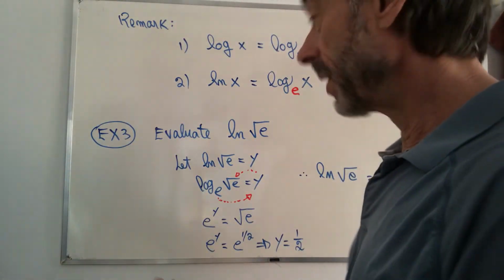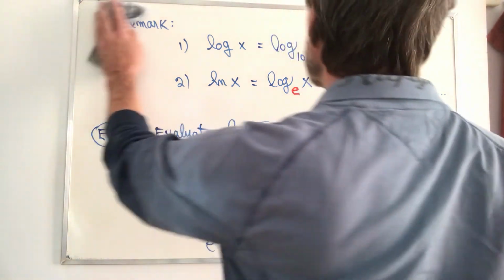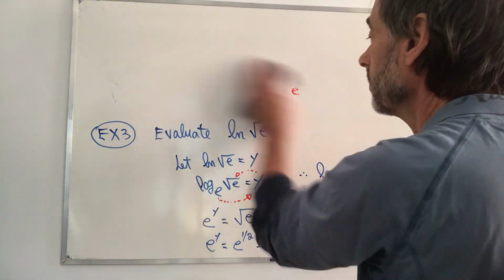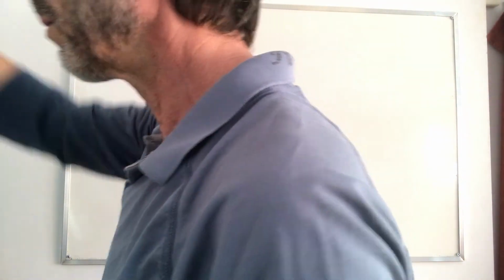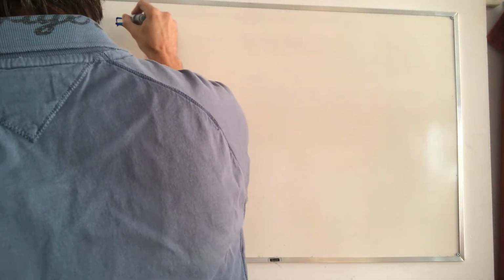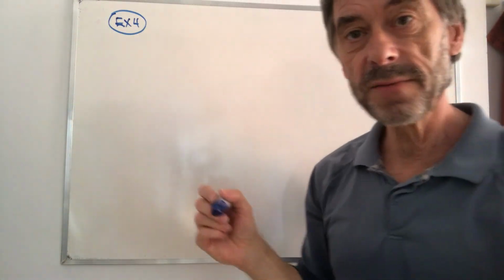Let us see if we can try something else here of the same nature. All right. So what are we down? Example 4 now? Example 4. We're still in the realm of 2.5 stars here.